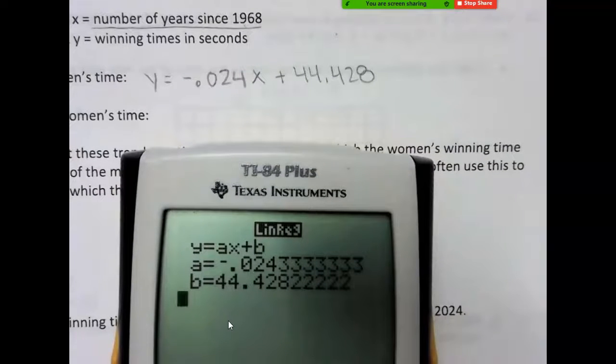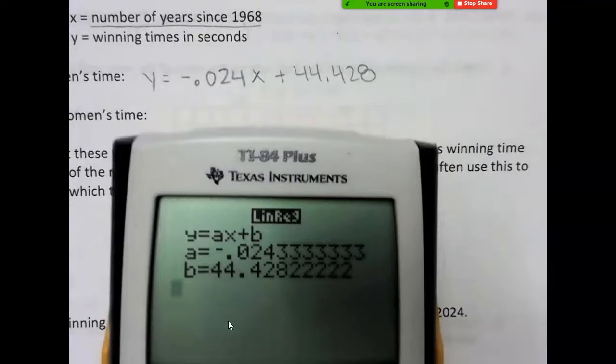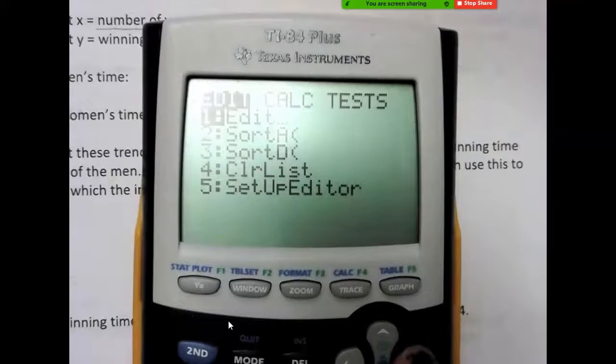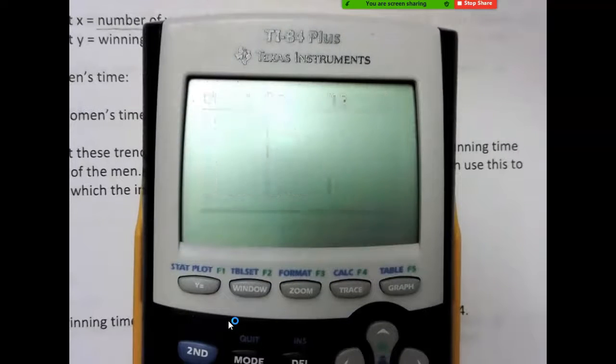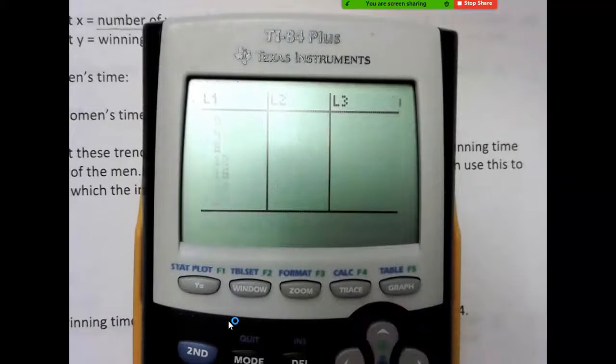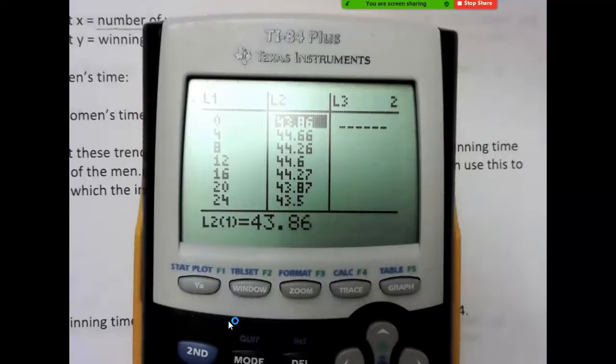And then we have to go back and do this for y. And putting in the women's times now, starting back at 0. 52.03, and so on.